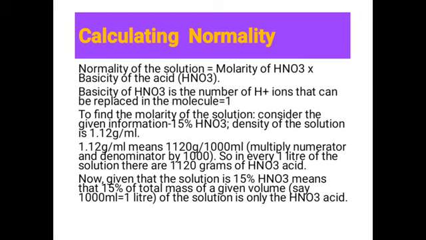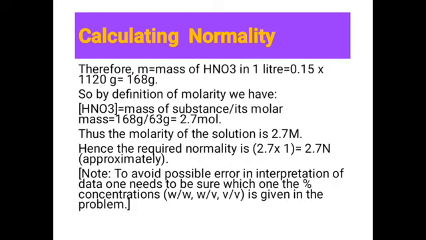So in every 1 liter of the acid, there are 1,120 gram of the solution. Now the solution is 15% HNO3, which means that 15% of the total mass of a given volume of the solution is HNO3. So for the 15%, that's 15 over 100 times 1,120.